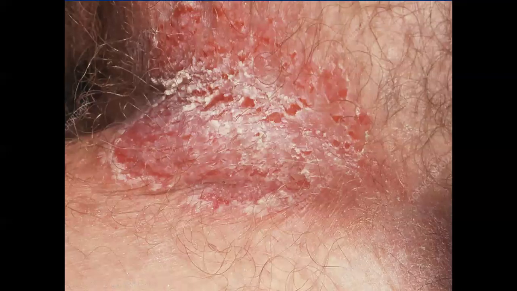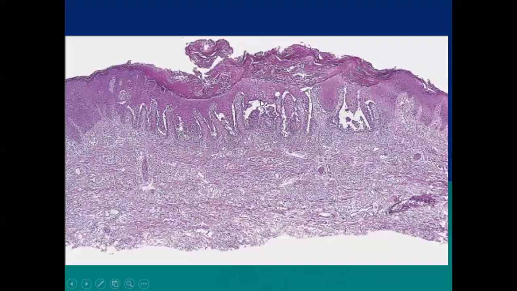Another condition in which you expect scaly erosions in the flexural area is Hailey-Hailey disease. In Hailey-Hailey disease, whenever you take a biopsy, you would find a partial acantholysis in a large portion of the biopsy specimen.